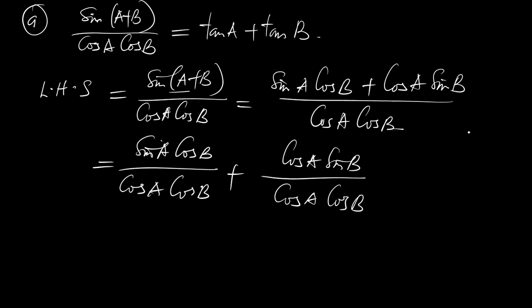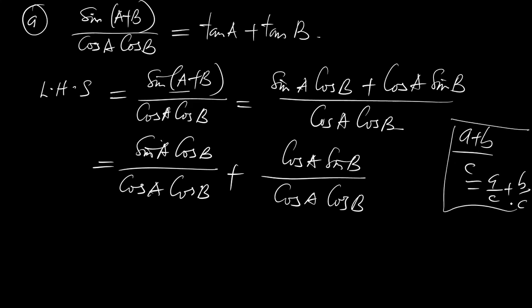This is just the same thing as saying (a + b) divided by c is equal to a over c plus b over c. When you look at it critically, this is common, so you cancel out.